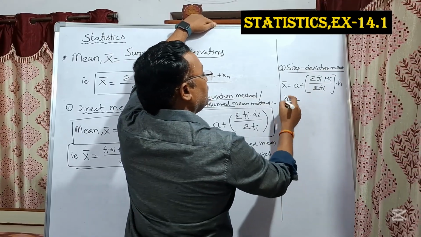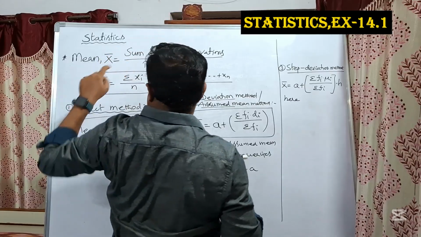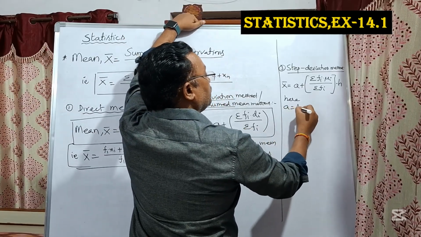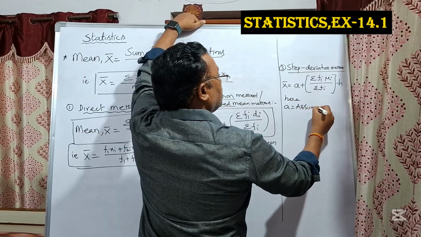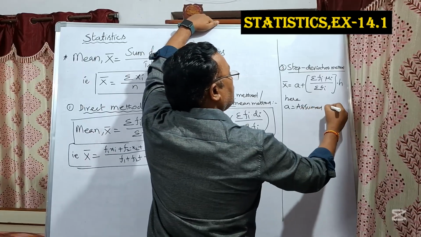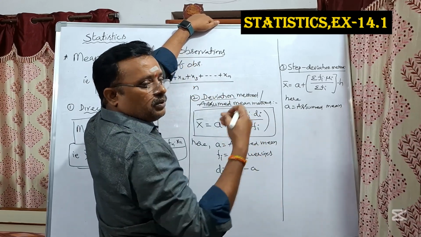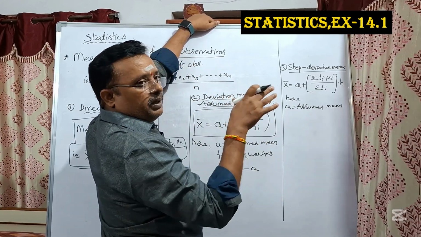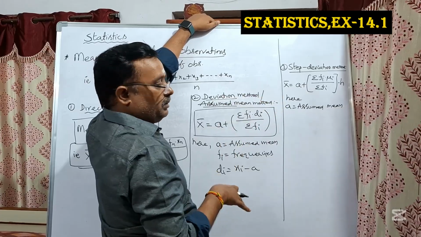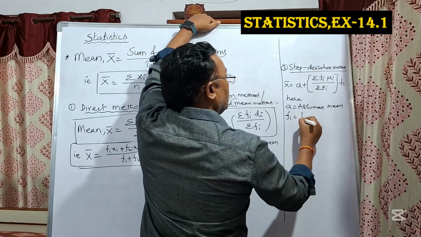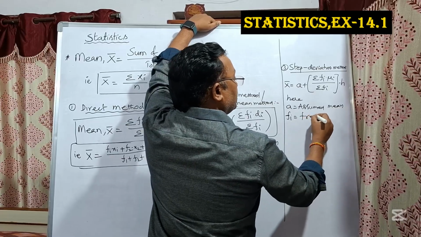Here x bar is the mean. a is the assumed mean. In this condition also, a is called the assumed mean. I will tell you how to assume that mean using the procedures in the problems. fi is called the individual frequencies.